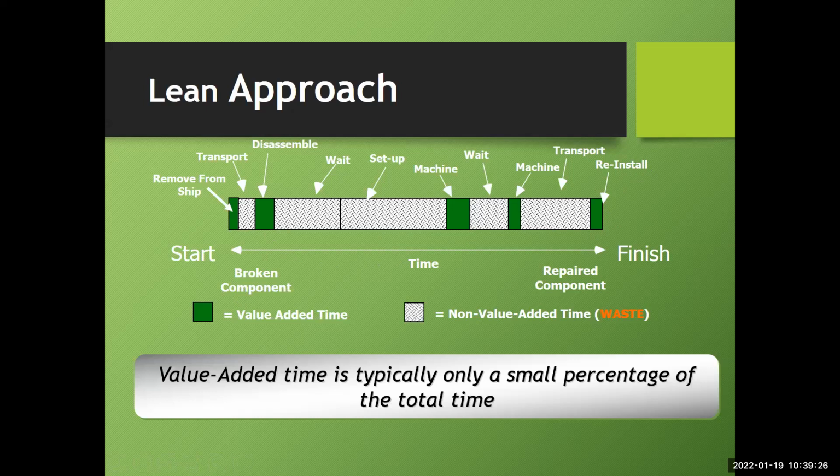How else can we move from one workstation to another? By transportation means. So they said that wherever possible, try to decrease that time. You can see the major proportion is non-value added time, and the value added time is only a small proportion.